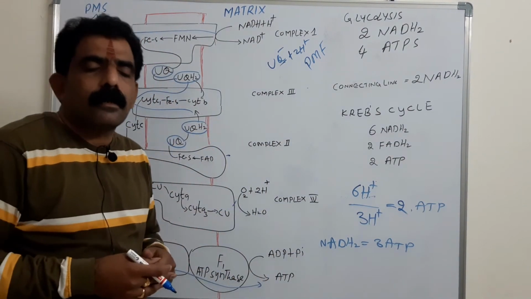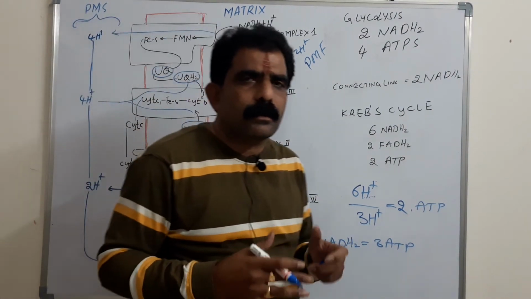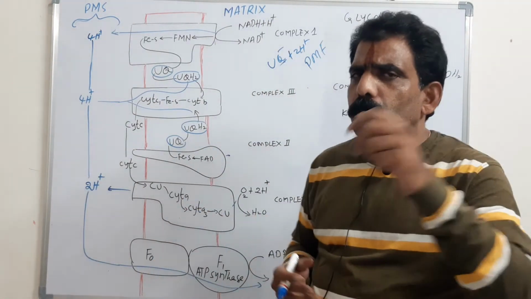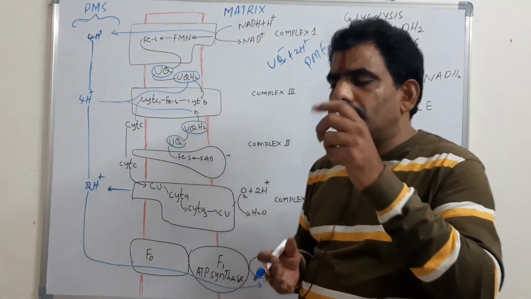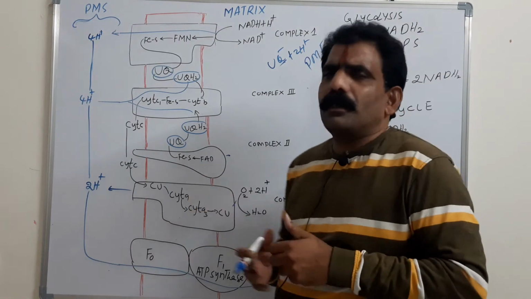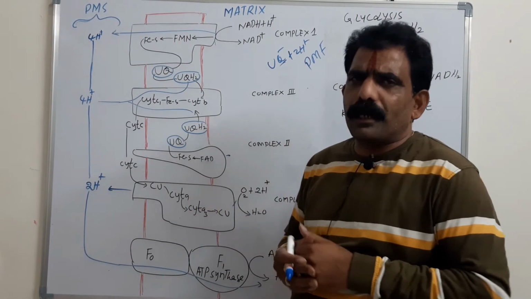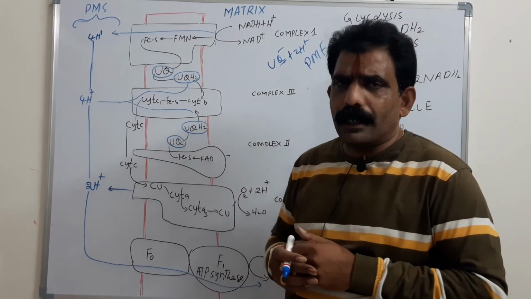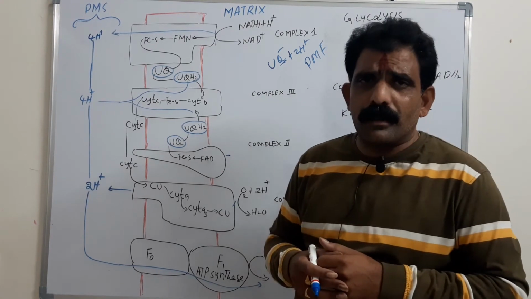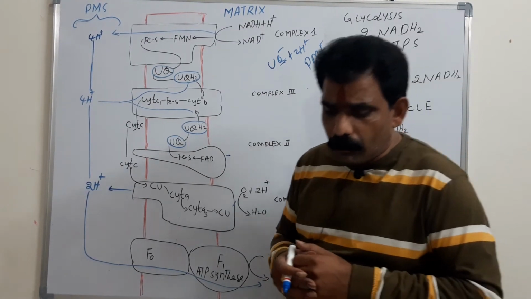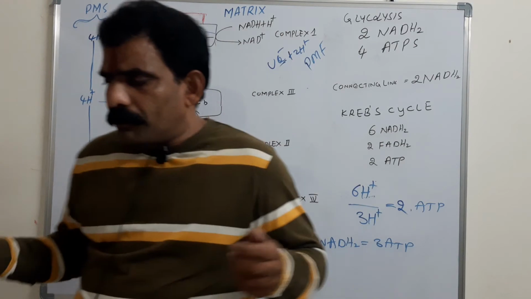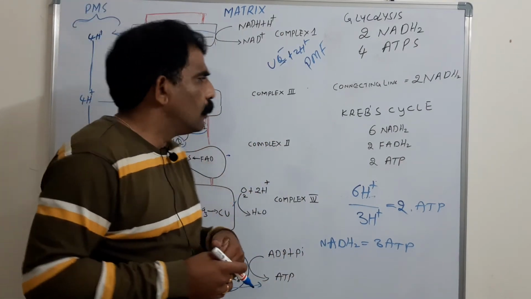Sometimes cytoplasmic or cytosolic NADH2 equals 2 ATPs, sometimes 3 ATPs. That depends on the shuttles in eukaryotes, like the malate aspartate shuttle and the glycerol phosphate shuttle. It is not possible to discuss that here. I will make another video regarding that topic.